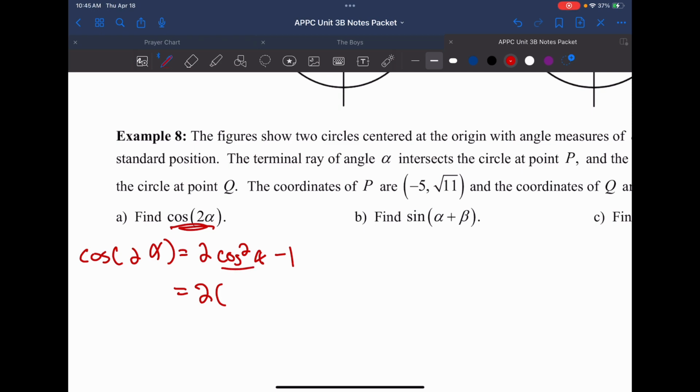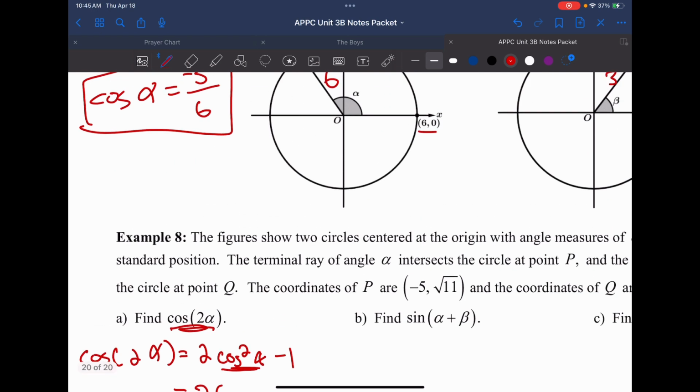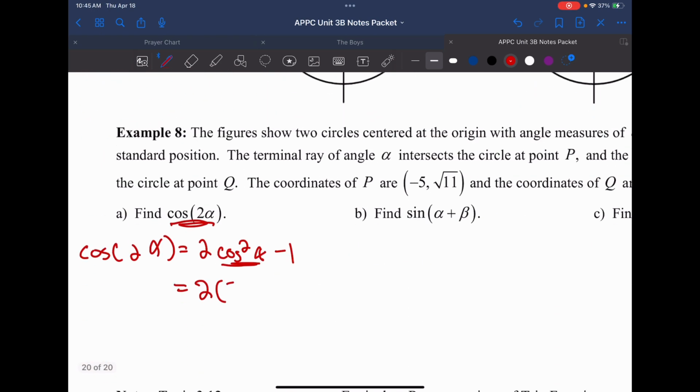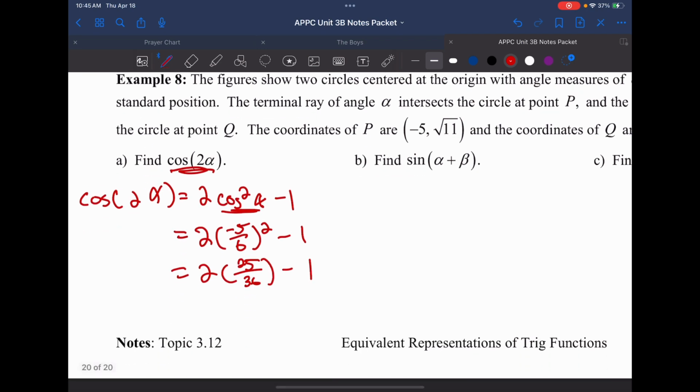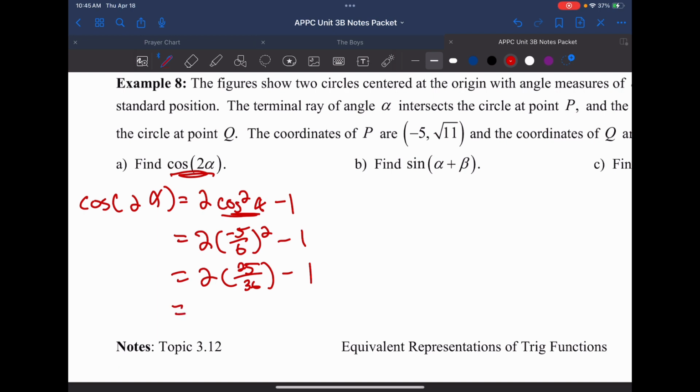Cosine squared alpha, we already found that, is -5 over 6 squared minus 1. And that is going to be 2 times 25 over 36 minus 1. And then that's going to multiply here, 50 over 36 minus 1.